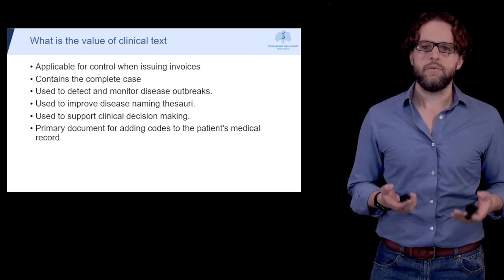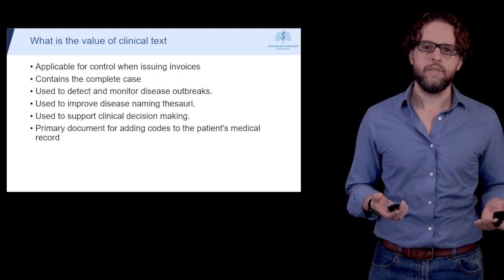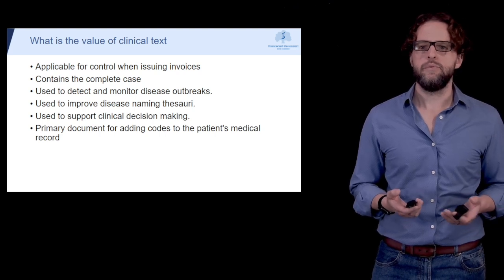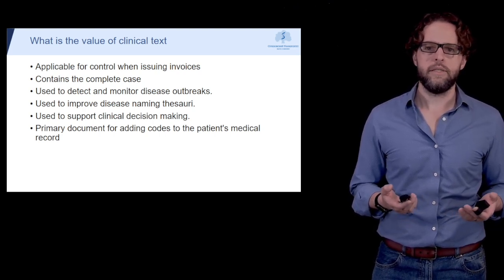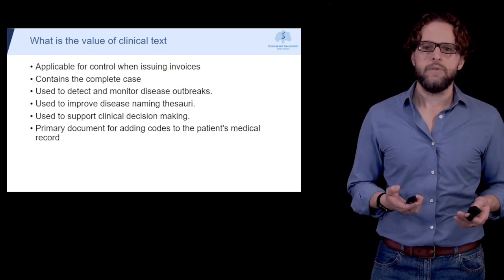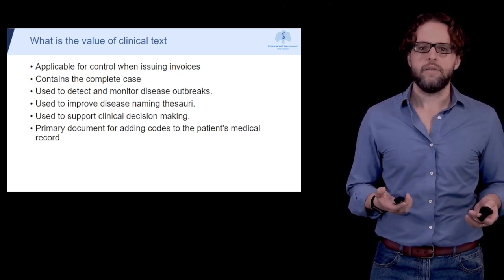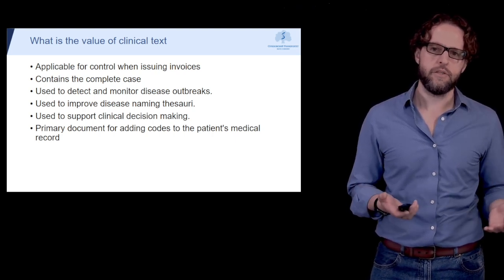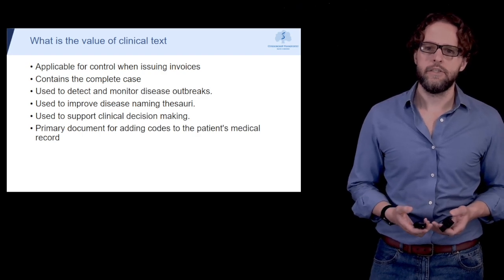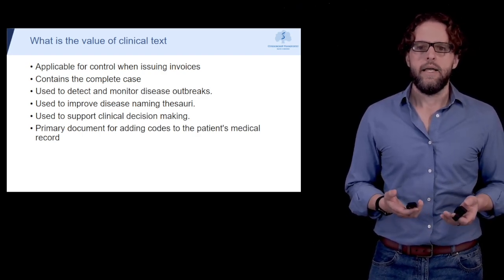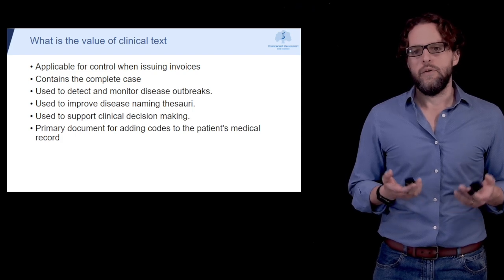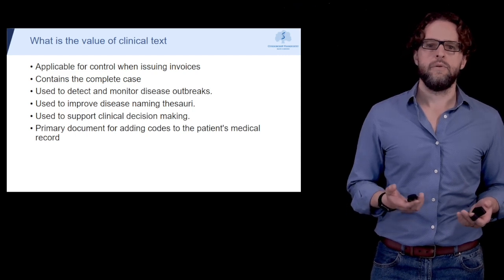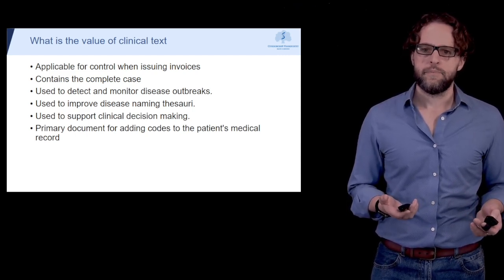It could be used for biosurveillance to detect and monitor disease outbreaks, used to improve the set of words that are used to describe diseases, and also it could be used in clinical decision-making support for automation, of course, and artificial intelligence, as we're talking about in this course. And also we could use it to add codes to the patient medical records for queries and reports.